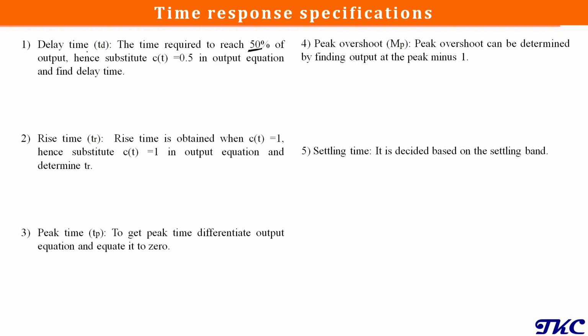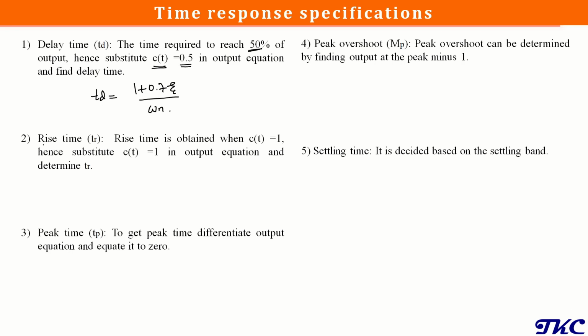So in order to get the delay time, we can put output as 0.5, and based on that we can derive the time, that will be the delay time, and that is given by Td is equal to (1 plus 0.7 zeta) divided by omega n. So this is the formula for delay time that we can derive by using the output equation, where we consider output as 0.5.